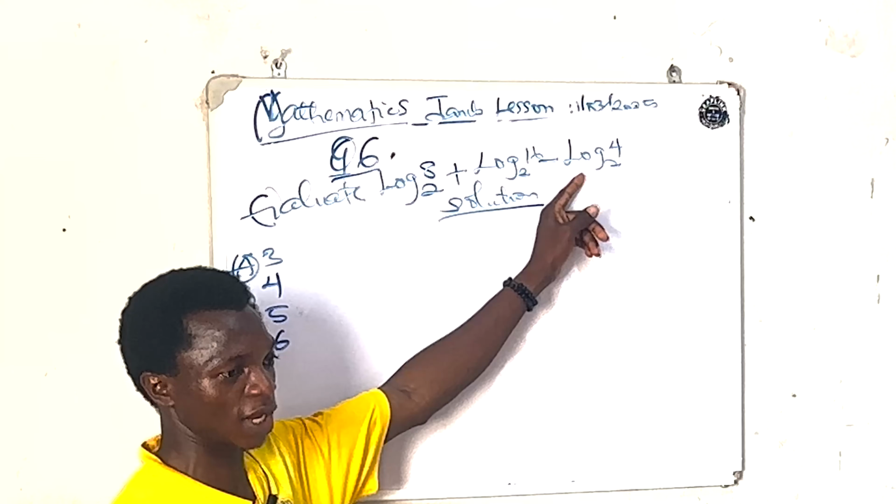When you cross multiply, you're going to have 2 times x squared, which gives us 2x squared, equals 8 times 25, which is 200.